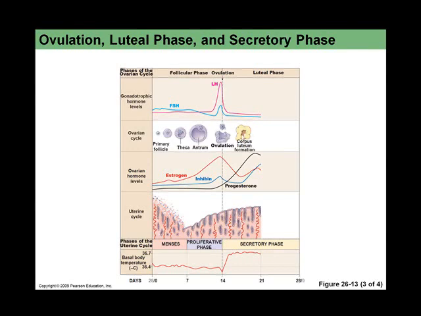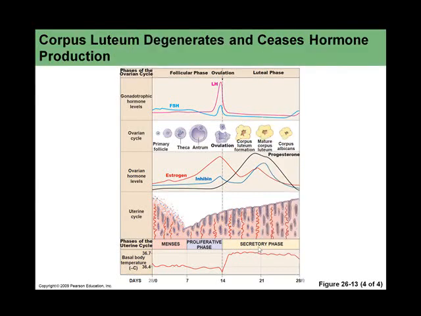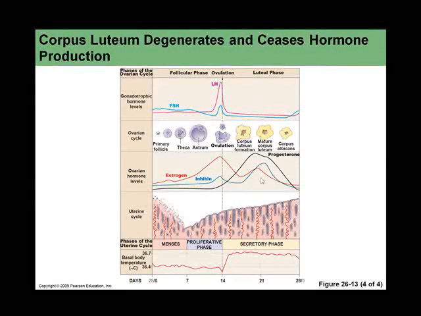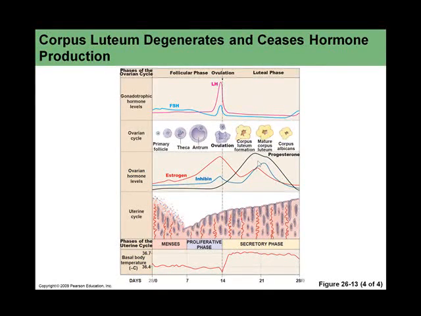Therefore, the one corpus luteum that develops is going to take over the hormonal production, and you can see it takes a little time for it to build up. As it is moving through the first half of the luteal phase, corresponding to the secretory phase of the uterine cycle, it's generating ever increasing levels, and then from that point on it begins to taper, and of course that's because we've switched back to the negative feedback.